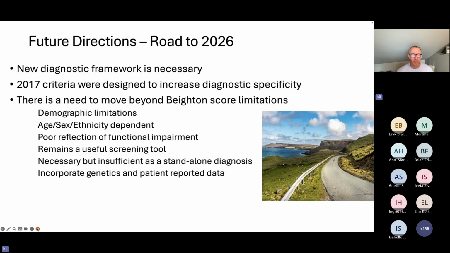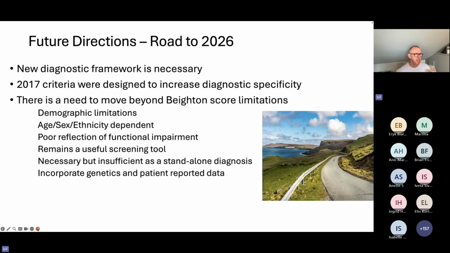We need to incorporate genetics and patient-reported data to get a much better idea of what this patient actually has. I think the current system is still imperfect, it's clinically challenging, and it's not fully representative of the patient experience, really. We need a more integrated, multidimensional framework, and I think what we have works, but it's not enough, really.